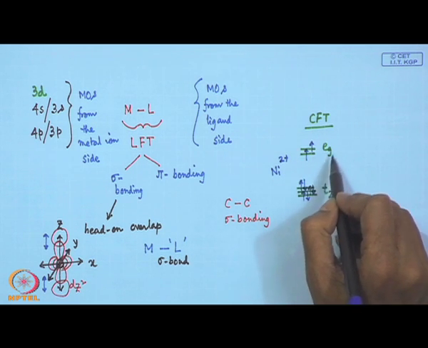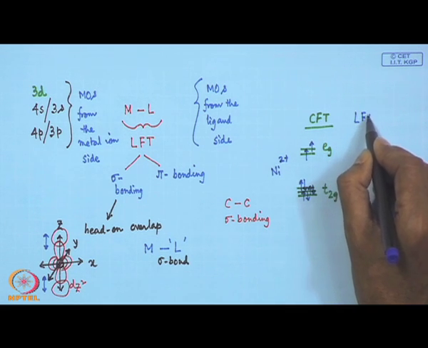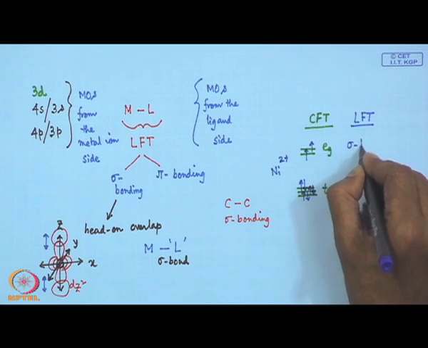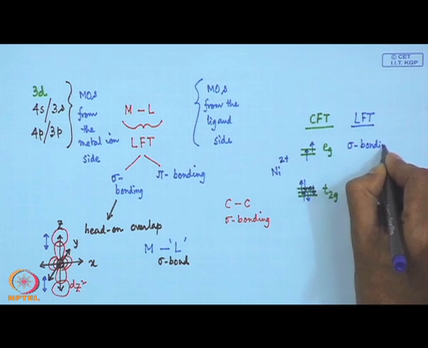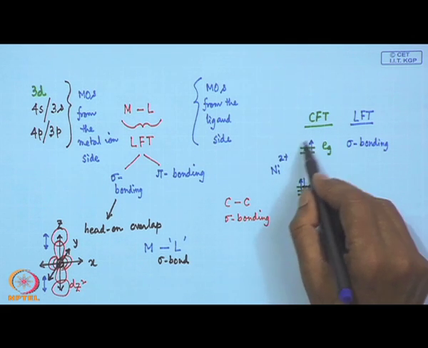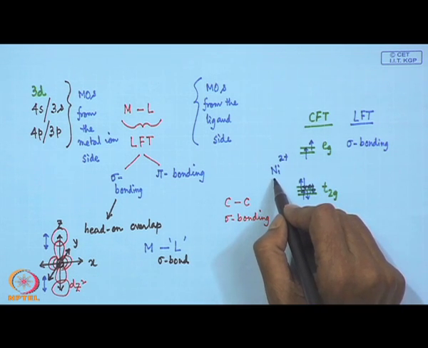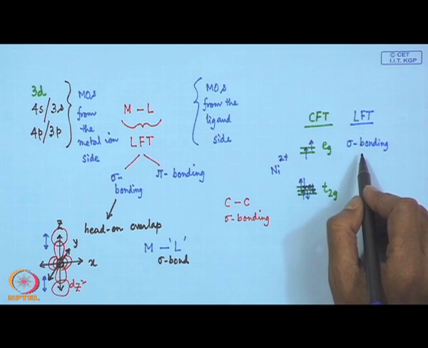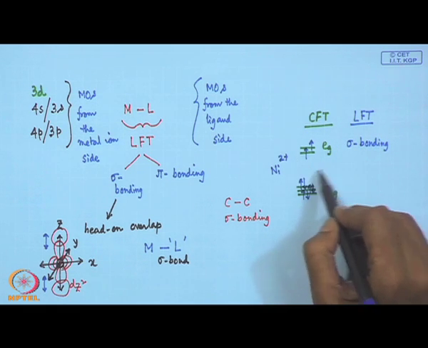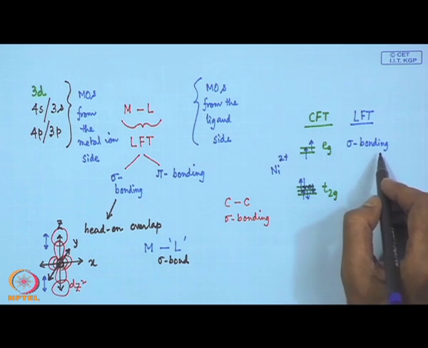So, these 2 electrons, now we find in terms of ligand field theory that the symmetry level is matching for sigma bonding for these Eg orbitals. So, only these two orbitals can show some sigma bonding interaction for the nickel 2 plus ion with the ligand molecular orbitals, and these two orbitals will show only the sigma bonding interaction to the ligand system.